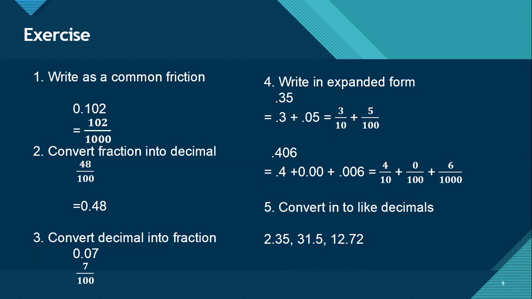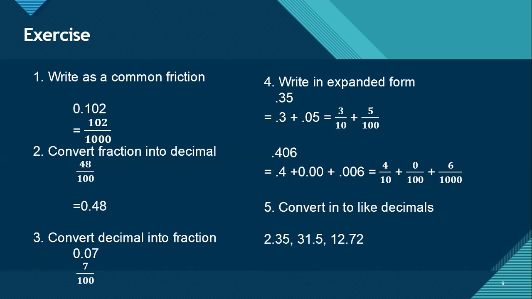Like decimals means the number of digits after the decimal will be the same in each number. Suppose 2.35: how many digits are there after the decimal? 2 digits. 31.5: this is a single digit. And in 12.72 there are 2 digits. So now we have to convert them into like decimals.